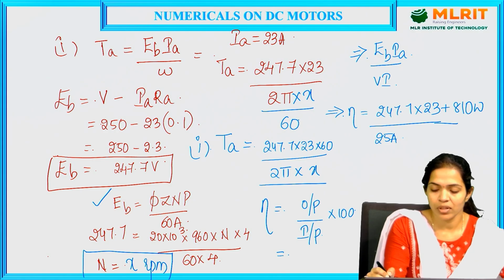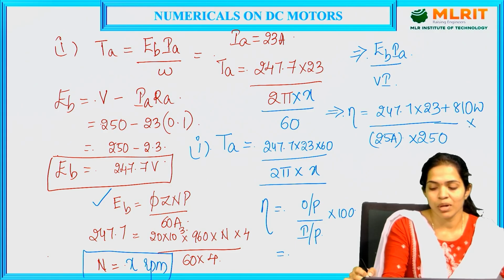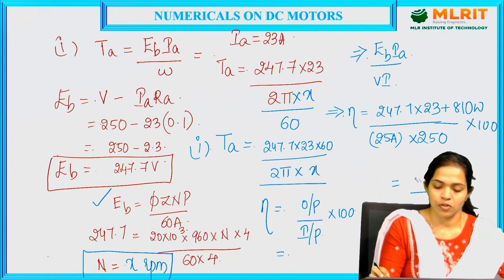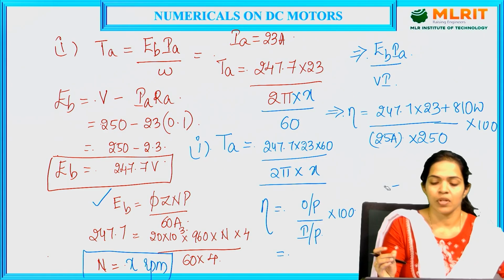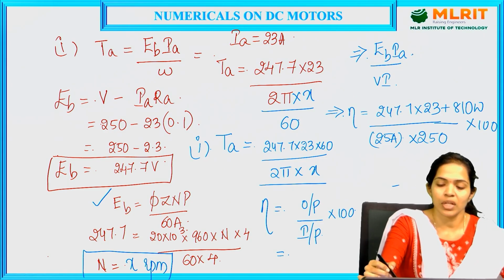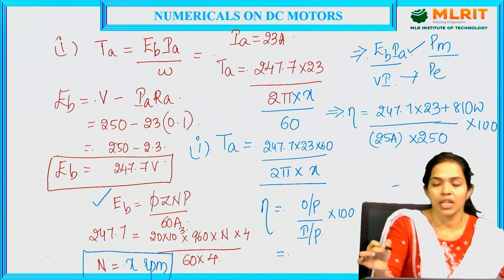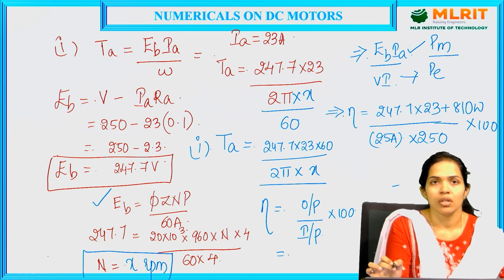The input power V into I, that is nothing but 25 amps into 250, which when multiplied by 100 will give you the efficiency of the motor. This is how we calculate. We know that EB into IA is the mechanical power which is developed at the armature, and V into I is the electrical input or the electrical power which is supplied to the motor. This is how we calculate efficiency and the losses calculations for DC shunt motor.